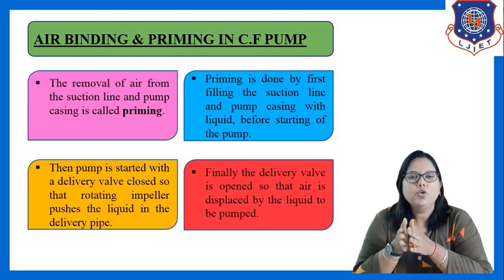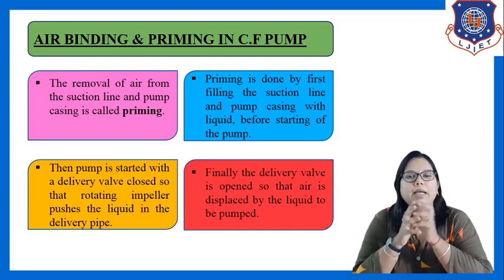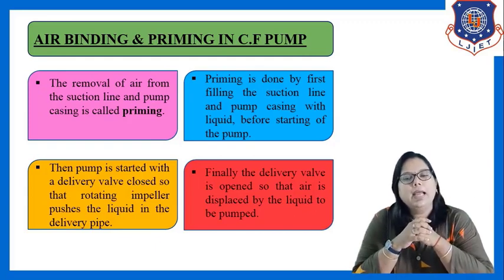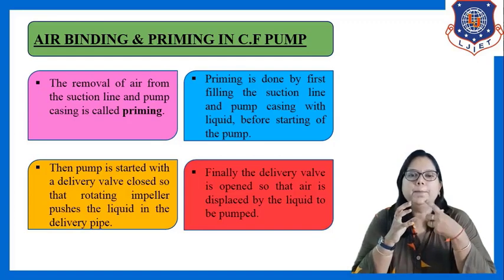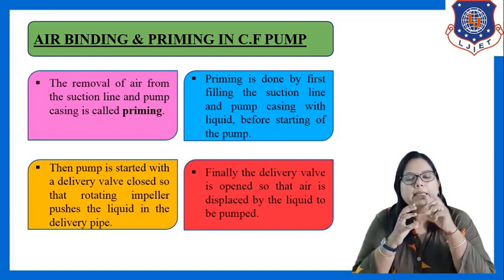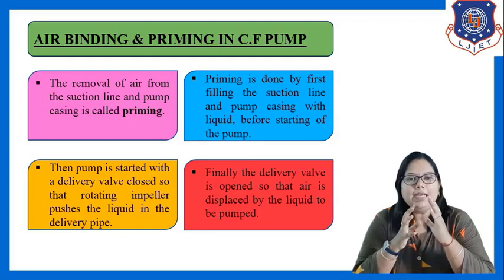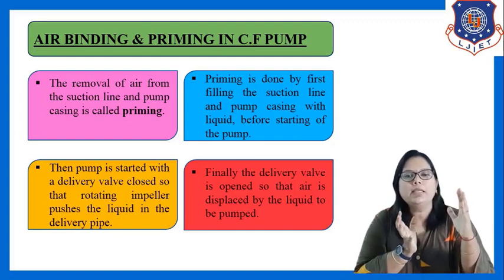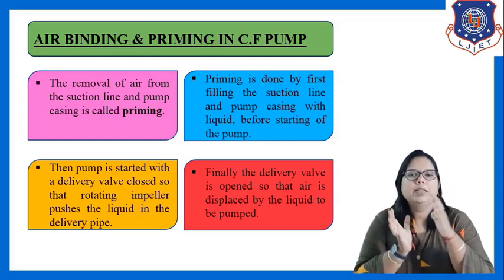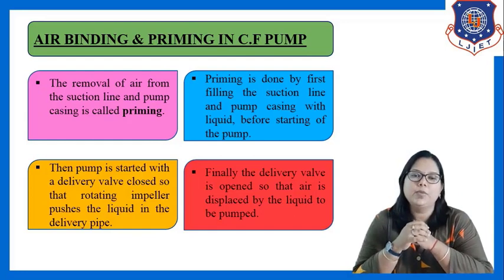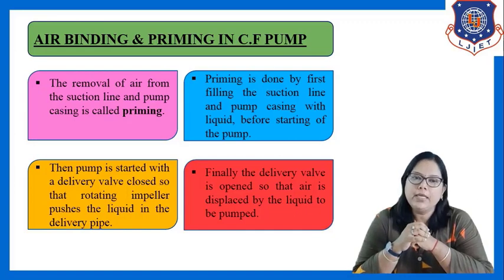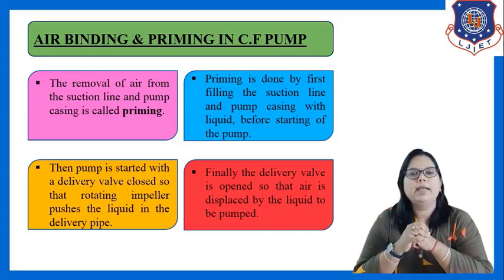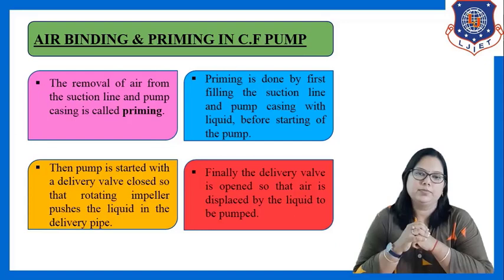And for doing priming, what we have to do? Priming is done by closing the delivery valve and then the pump is started so that the rotating impeller pushes the liquid in the delivery pipe. And as we open the delivery valve, the air is displaced by the liquid to be pumped. And this way we can do priming to remove air binding in the pump.